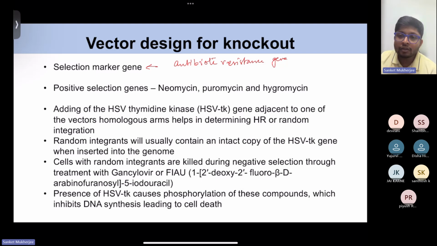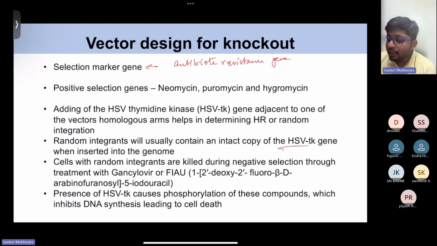Addition of the herpes virus thymidine kinase gene adjacent to one of the vector's homologous arms helps in determining homologous recombination or random integration. Random integrants will usually contain an intact copy of the HSV thymidine kinase gene, whereas the ones which have homologous recombination will not have this intact copy.